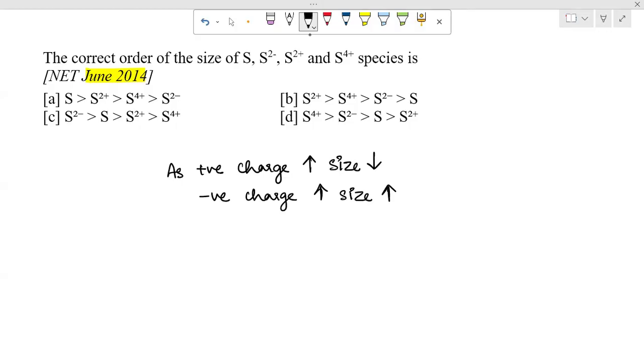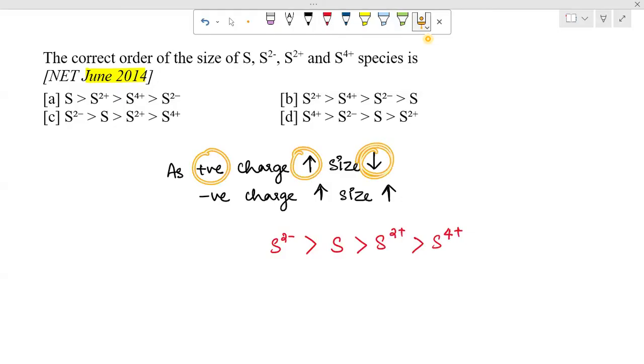So over here, S2 minus has got the highest negative charge. Correct? So S2 minus will be larger in size. Then comes the neutral species. After the neutral species, you will have S2 plus and then S4 plus. Why? Because S4 plus has got 4 positive units of charge on it, which will be the smallest. As positive charge increases, size decreases.